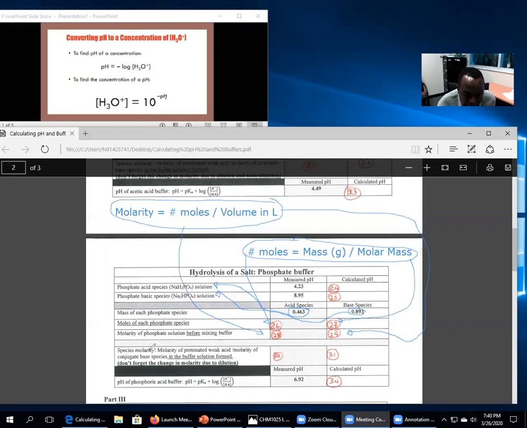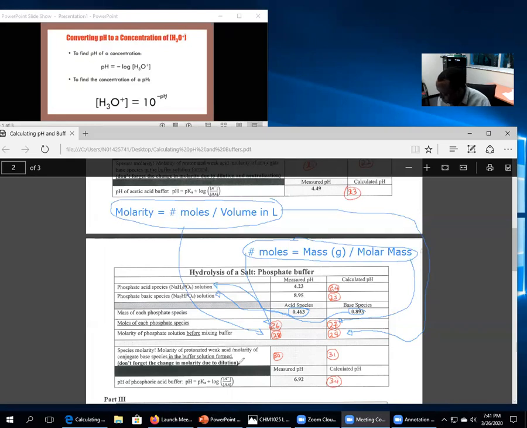If you look at this now, molarity of the protonated weak acid in the buffer solution. The buffer solution is obtained by taking the 50 ml.